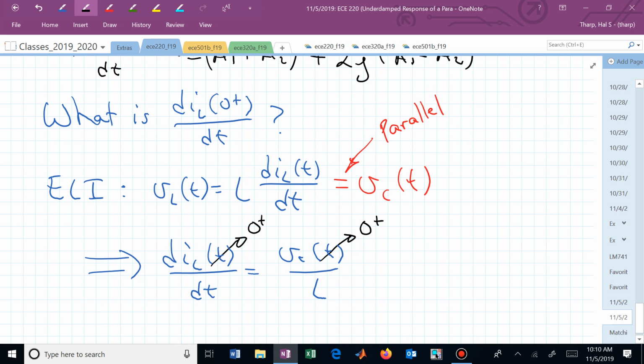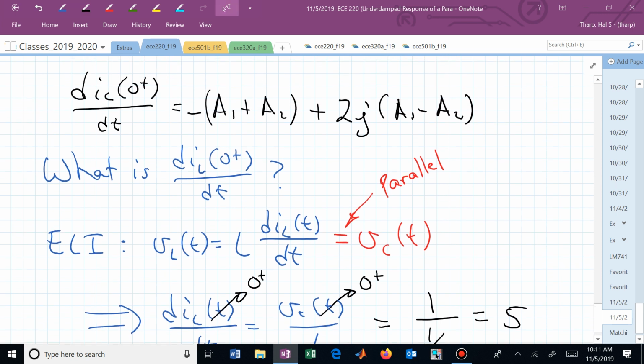And what was it? 1, and L was 1/5. This gives us now a value of our time rate of change of the inductor current at 0 plus is now 5. The current was 2, and it's changing in a positive way with a slope of 5.